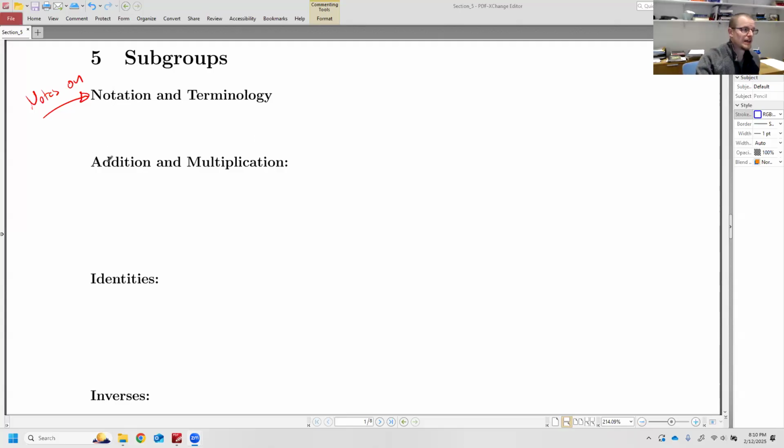So multiplication and addition are often used to denote the operation, the binary operation, even if we're defining it a little bit differently.